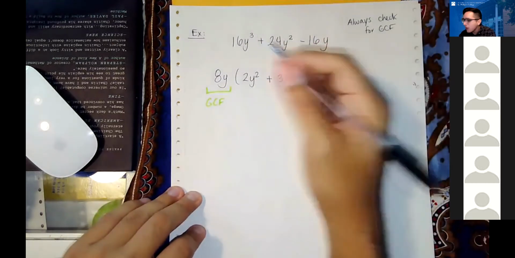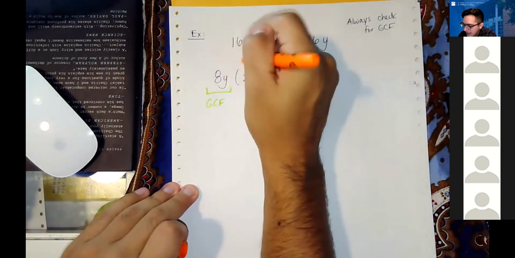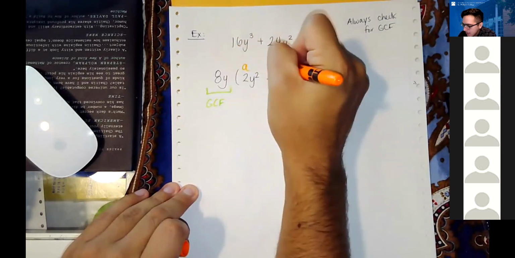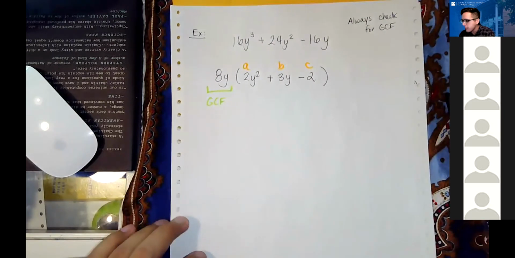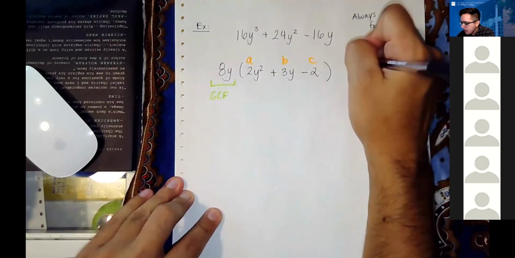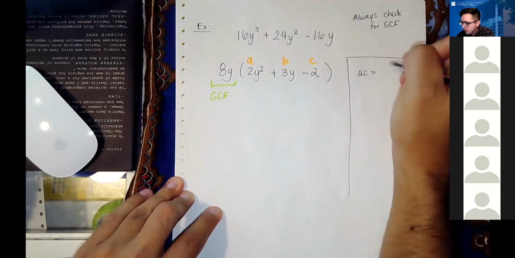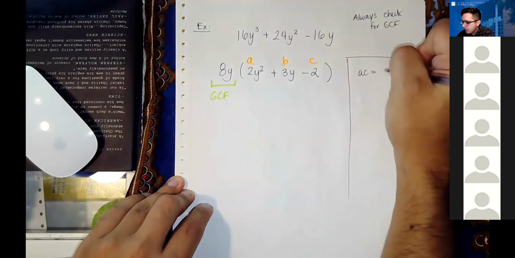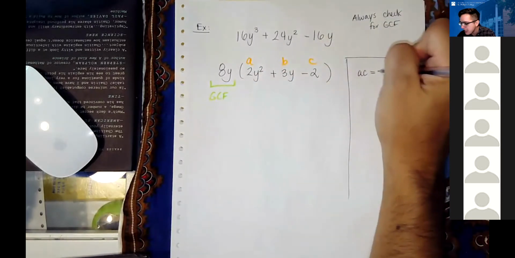So we'll now start with the AC method and label this as A, B, and C. Remember, the labels just go on the coefficients, not the variable parts. And then we'll do our scratch work. So A times C is 2 times 2, which is 4. In this case, it's 2 times a negative 2, so really this is a negative 4.